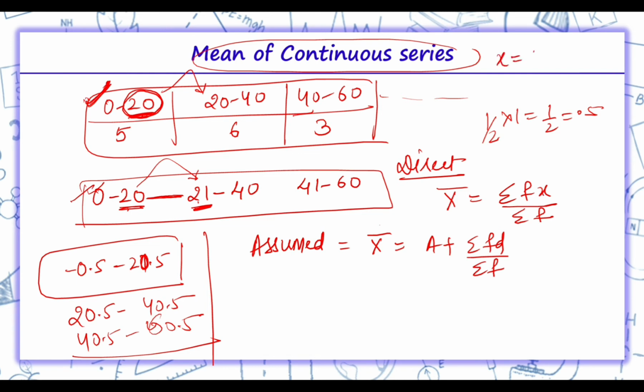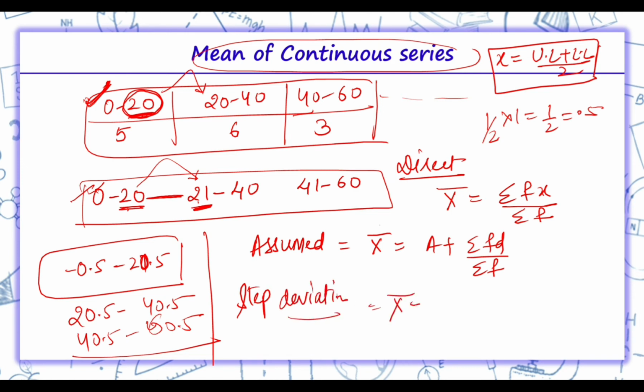So x is calculated by upper limit plus lower limit upon 2. Coming on to the next, which is the step deviation method. In the step deviation method, the formula becomes mean is equal to a plus summation fu by summation f into h. H is the class size and this u is equal to d by h.